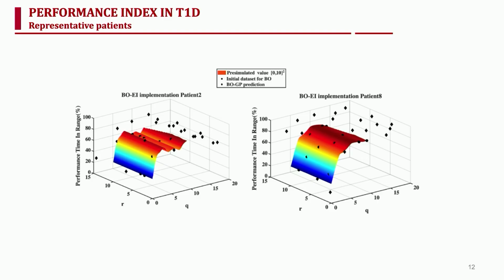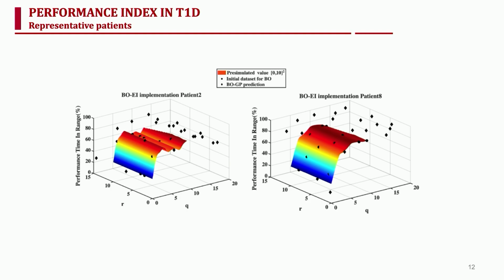Given some initial samples in the dots, we generate our particles, which are the diamonds, and we are interested in maximizing the percent time in range, okay? The shape of this function is much smoother in this case, and we expect that we can find the optimal in a much easier way.